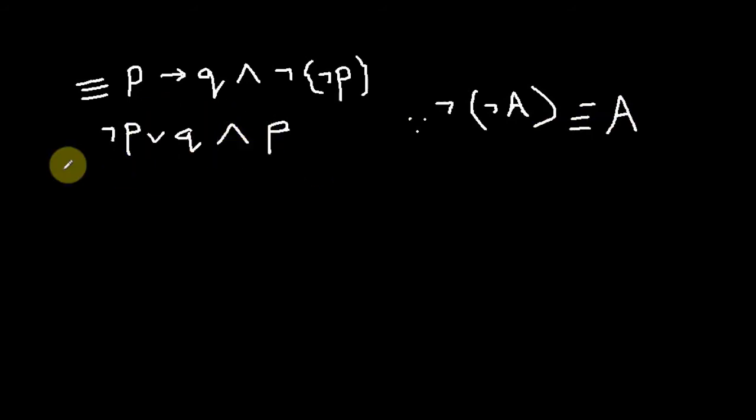So the expression becomes like this: it's going to be not P or Q, and P. What we can do here is take some freedom, and we know that P or Q is commutative. Commutative means A or B is equal to B or A. So this is the principle I'm going to use.